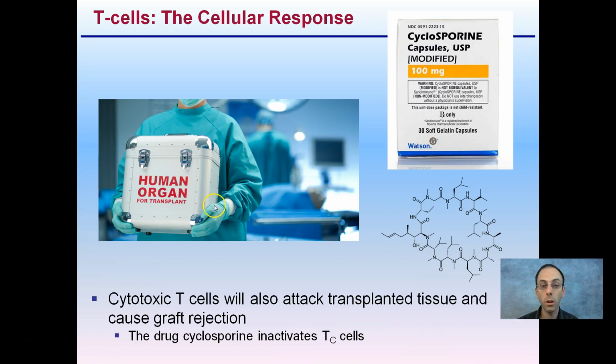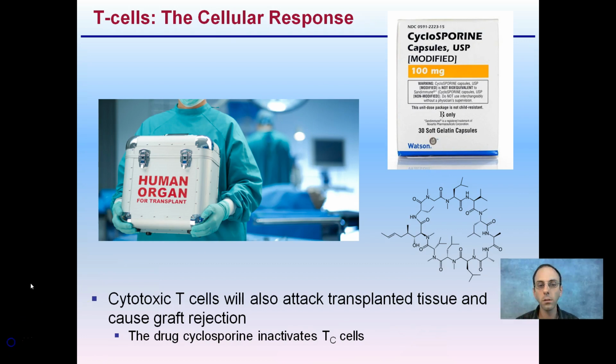So when someone gets an organ transplant, it's the cytotoxic T cells that may cause that organ to be rejected. The drug cyclosporine inactivates cytotoxic T cells. This will be given after a transplant to help reduce the chance of someone's body rejecting the organ that they just received.